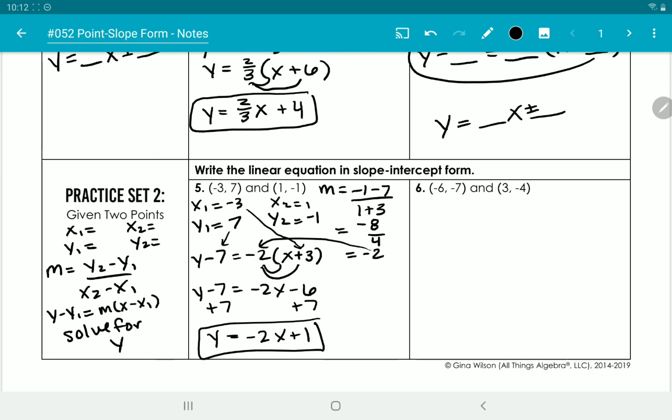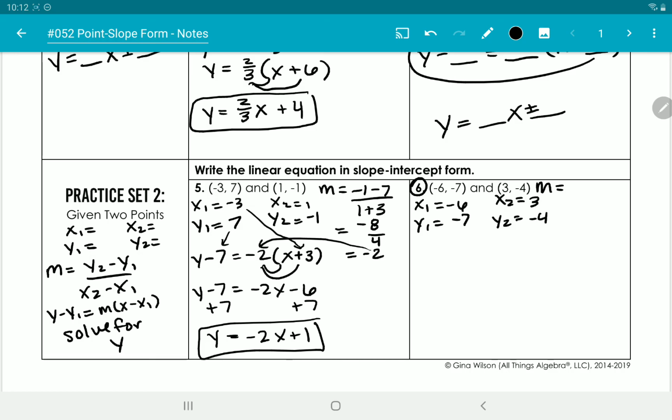So I'm going to go ahead and do number 6 now, and we'll see how this one goes. So again, we need x1, we need y1, we need x2, we need y2, and then we need the slope. So x and y for the first point are -6 and -7, just left to right. Second point, 3 and -4.